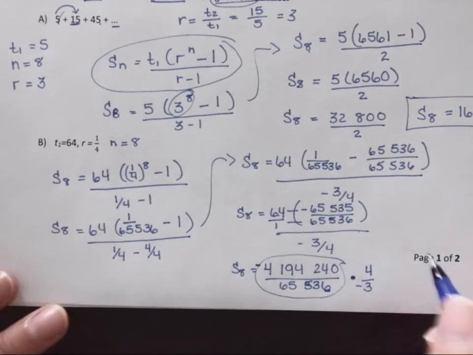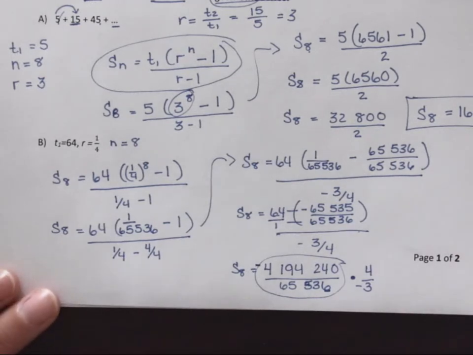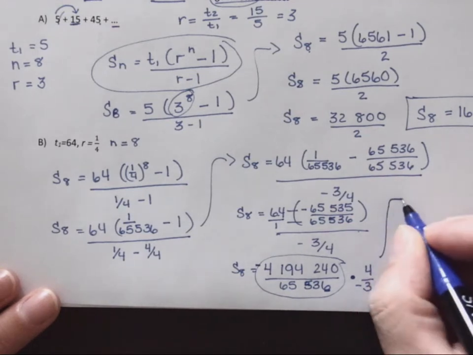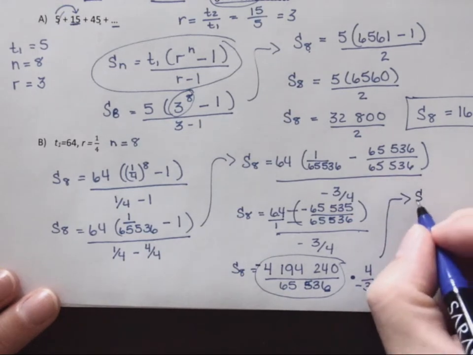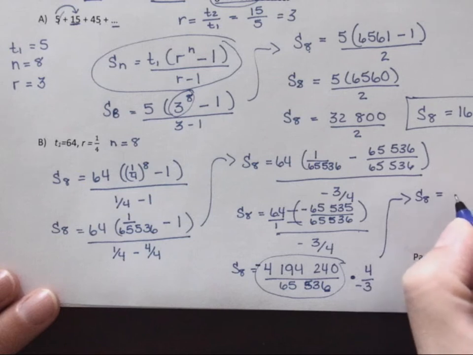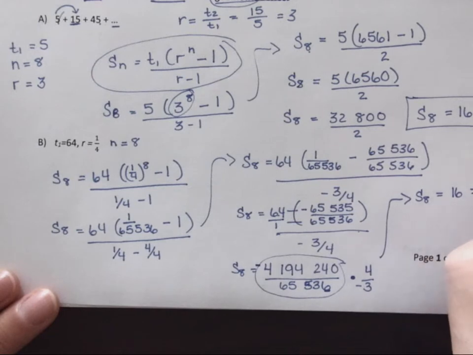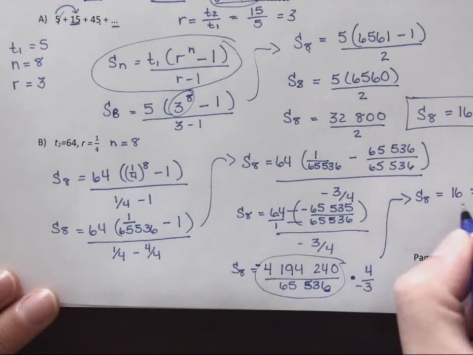All right, so let's multiply through. So I have 4,194,240 times 4. Sorry, I'm just switching up here. S8 is equal to 16,776,960.